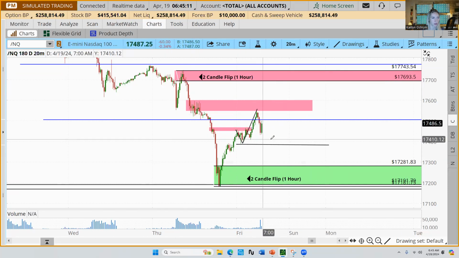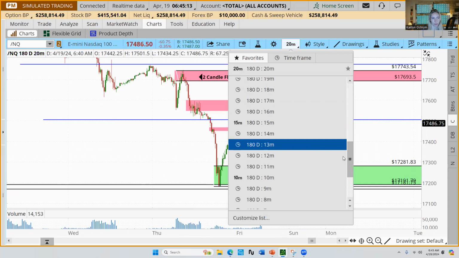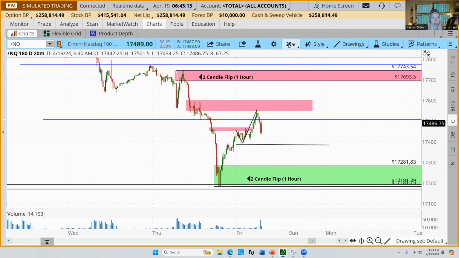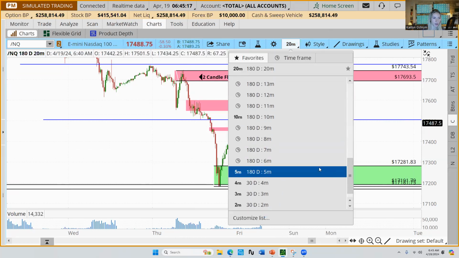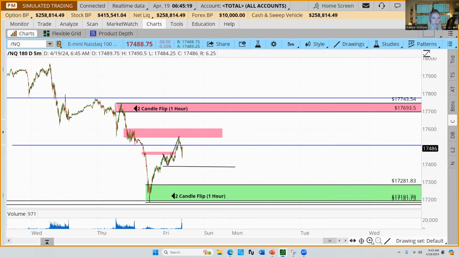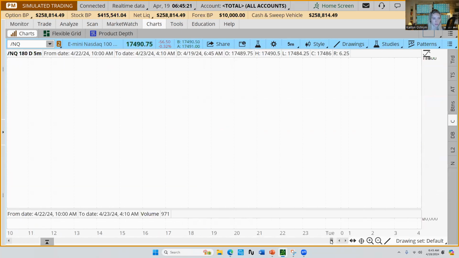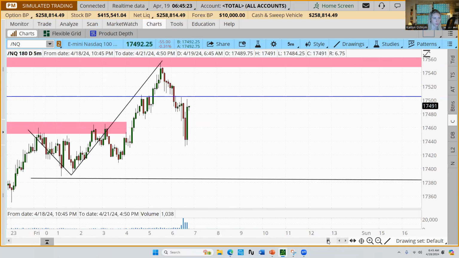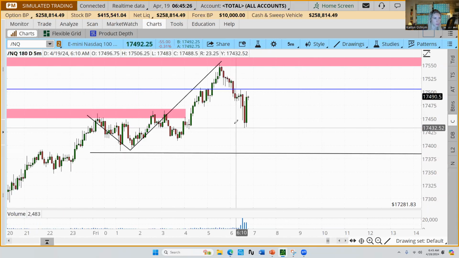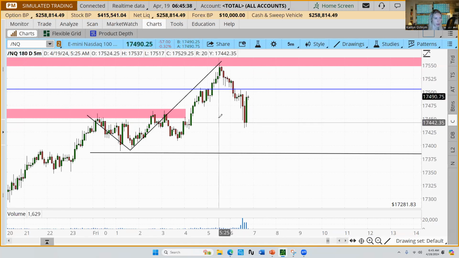So if we wanted to go long, let's see if we have an entry to buy, at least until we get a reversal pattern. From a 20-minute down to a 5-minute, we don't have a 2-candle flip, and we don't have a fake out breakout.